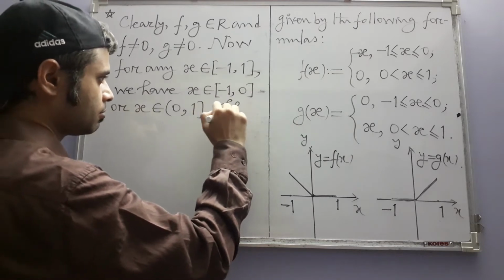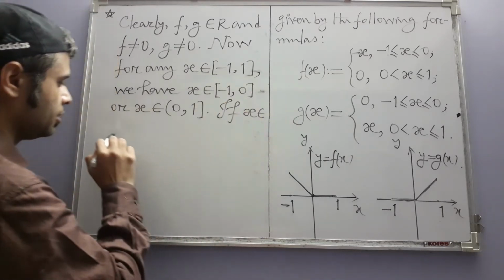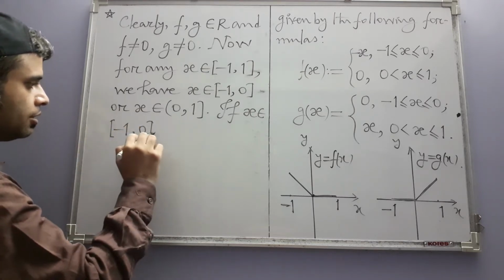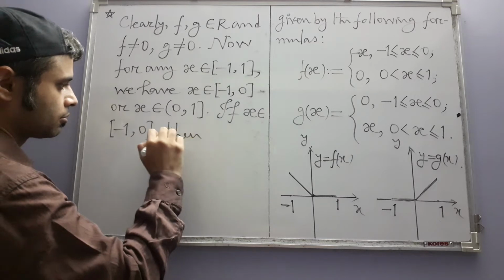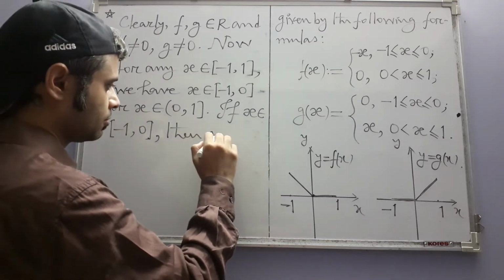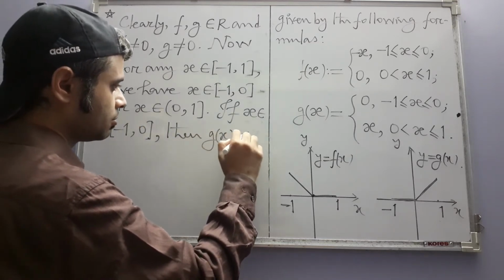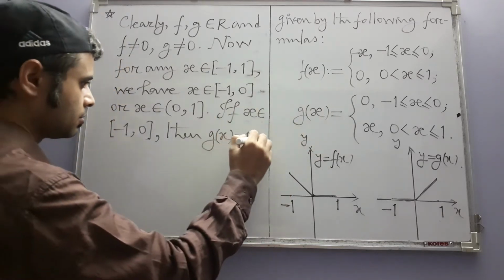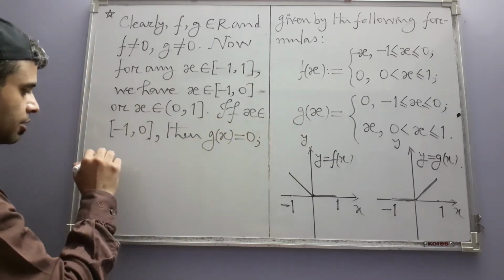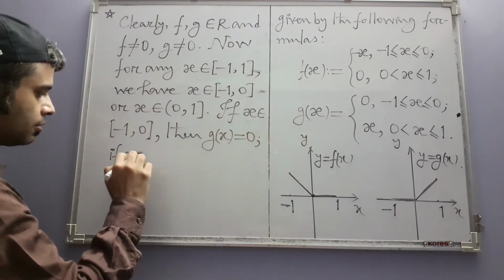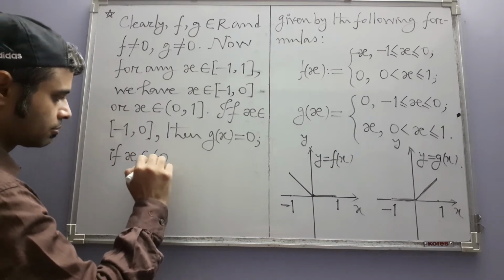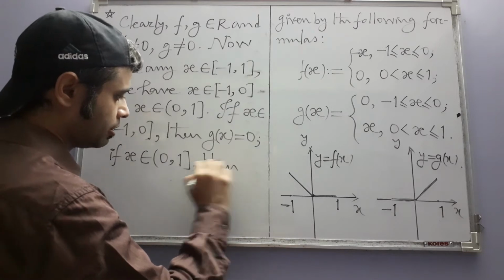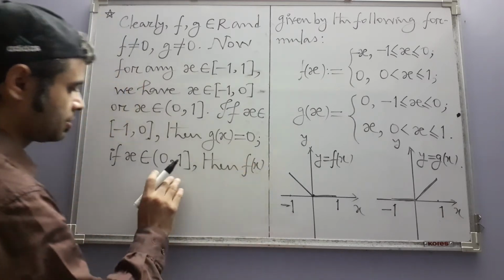If x is in minus 1 comma 0, then g of x is equal to 0. This is one thing. The other possibility is if x belongs to 0 comma 1, then f of x is 0.